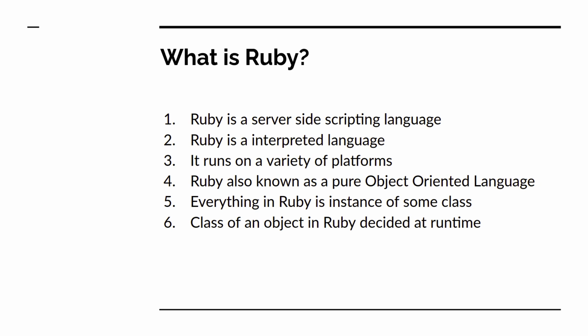You need line by line execution. For example, if you have a program which contains 10 lines of code, and line number 9 is wrong, then compiled languages throw an error at compile time. But interpreted languages will execute the program successfully up to line number 8, and once the interpreter encounters the error on line number 9, it will throw an error.